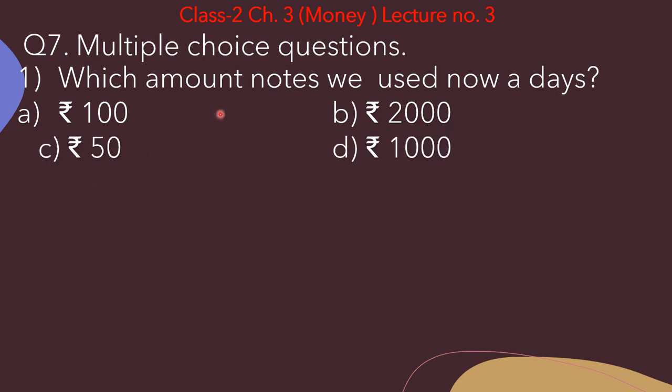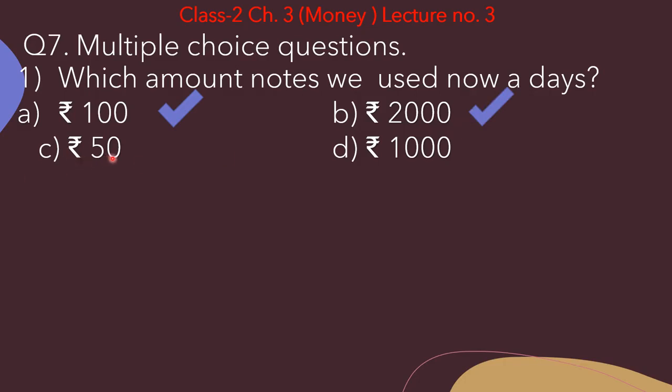It means, beta, which notes do we use now. So let's start from option number A. Here rupees 100 is given and yes, we use the 100 rupee note nowadays. So we will tick this option. Now in option B it is given rupees 2000. Yes, the rupees 2000 note is also used nowadays. So we will tick this option also.